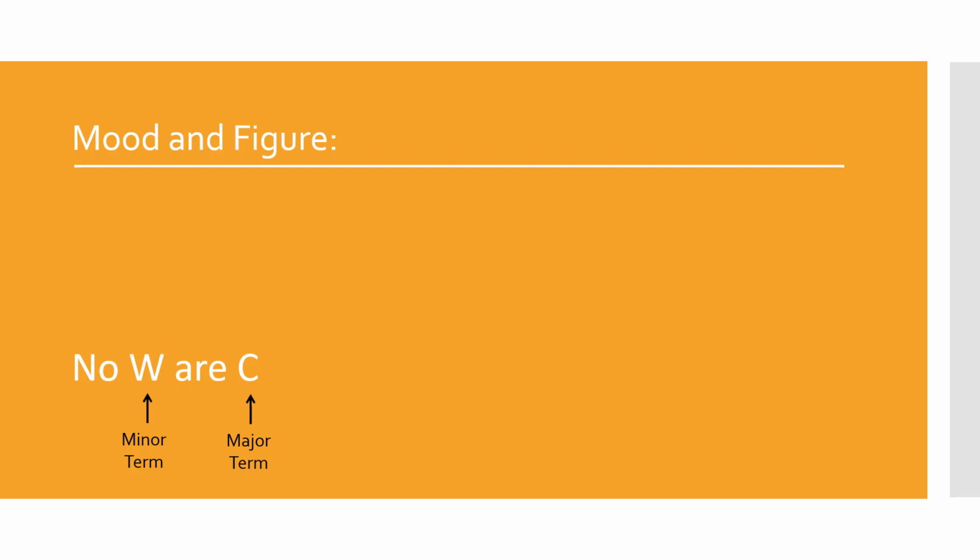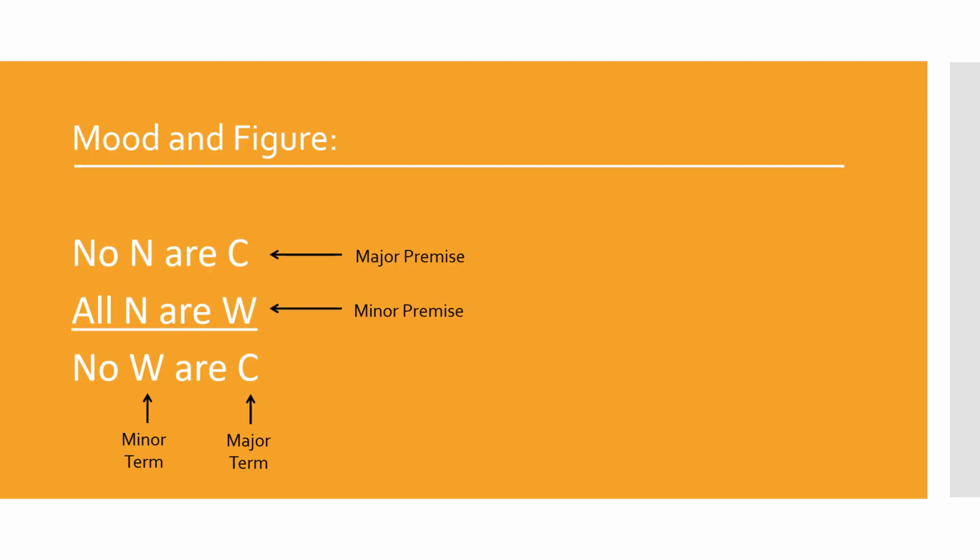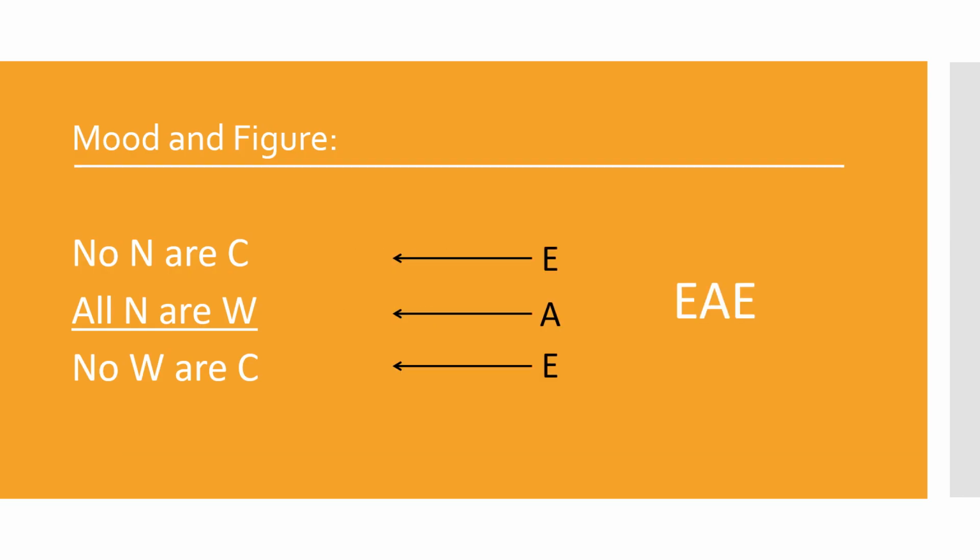The minor term here is warship, the major term is commercial vessel. And that means that C has to go into the major premise on top, and W has to go into the minor premise in the middle. So to finish this out, we end up with no N's are C's as our major premise, all N's are W's as our minor premise, and our conclusion is no W's are C's. And then if we want to sort out the mood of the argument, that's pretty simple.